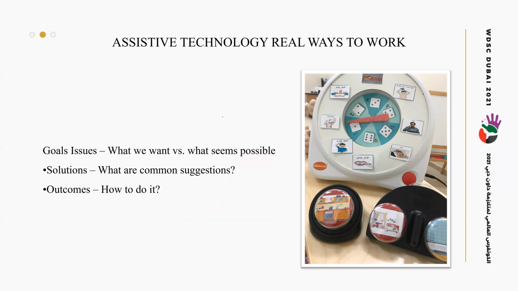So we need to understand the goal, the issue, what we want versus what seems possible. What is the goal that we want to achieve with the child? A solution, what is our common suggestion for the child? And the outcome, how to do it. So what is the process we need to follow to reach the goals?